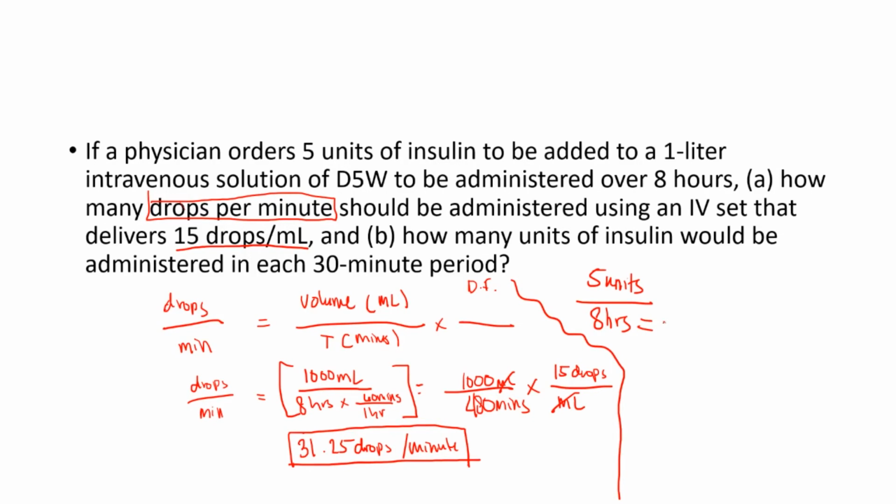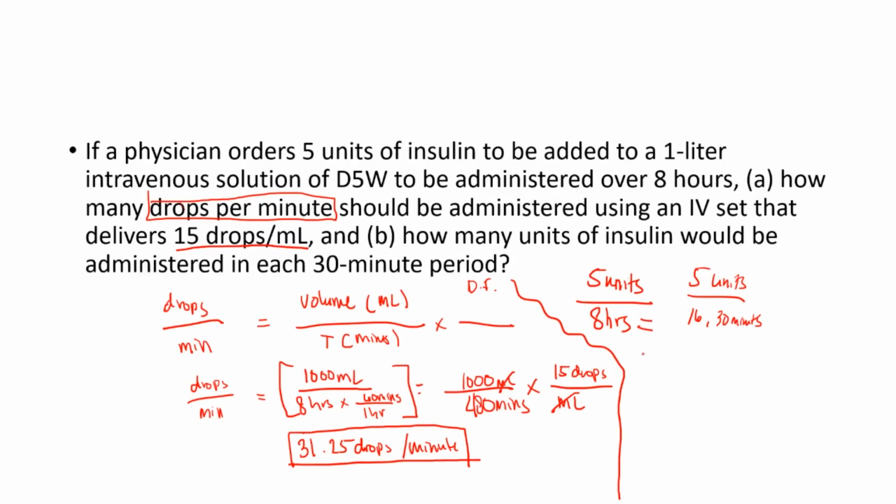Let's, may ilang 30 minutes ba sa 8 hours? So, 8 times 2. So, 5 units over 16, 30 minutes. 16 na hati ng time na 30 minutes. 5 divided by 16.